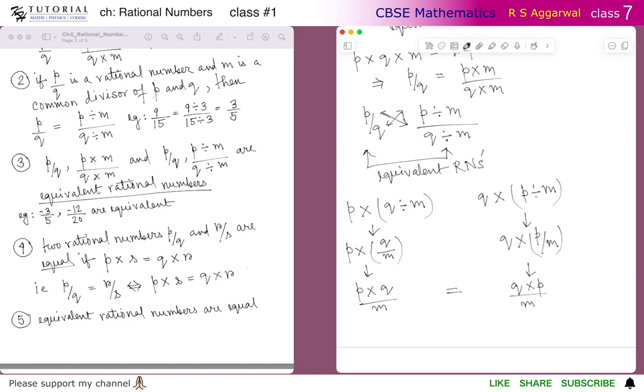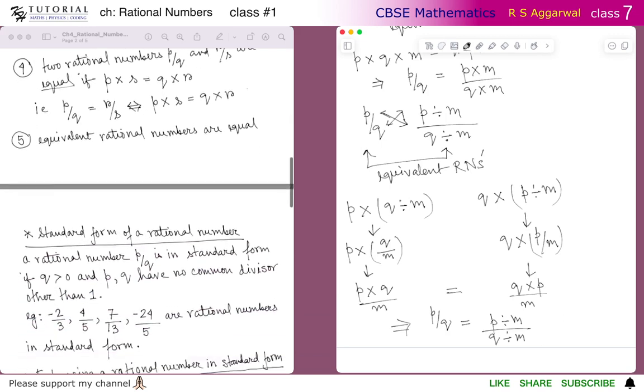So p into q will be equal to q into p. So this implies that p by q equals p divided by m over q divided by m. So we have understood why equivalent rational numbers are equal.